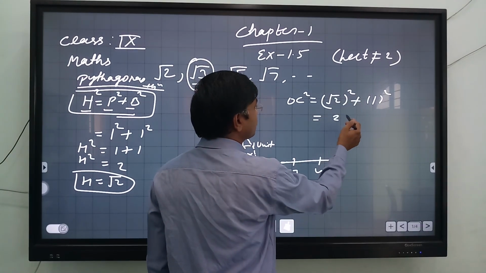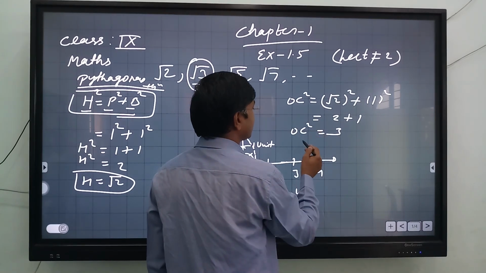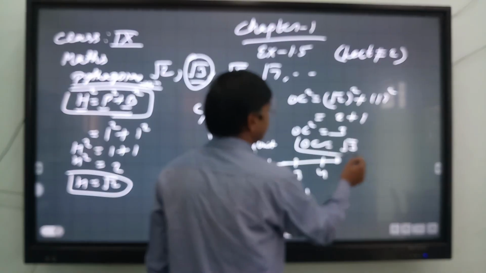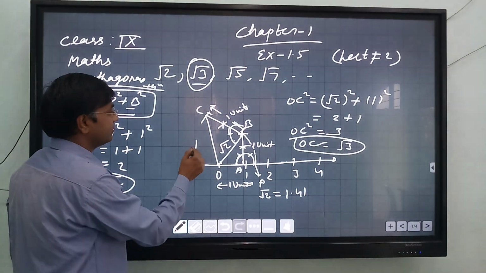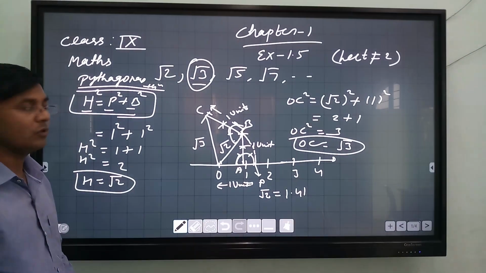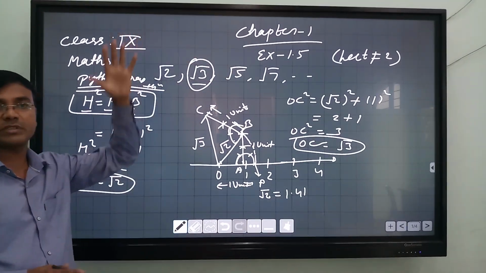So root 2 square is 2, 1 square is 1, so 3. OC will be under root 3. So this length OC is showing under root 3.